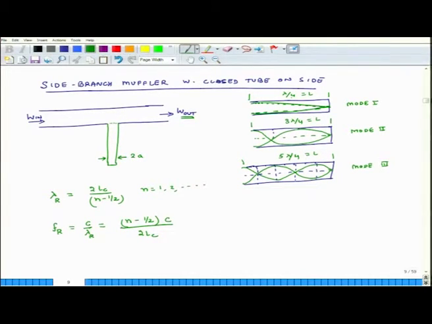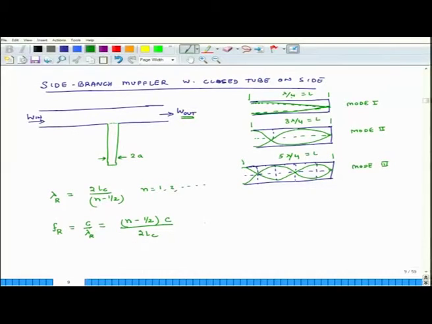So, if I have a particular tube length, I will have an infinite number of frequencies which can resonate in the tube, but they will be discretely separated.